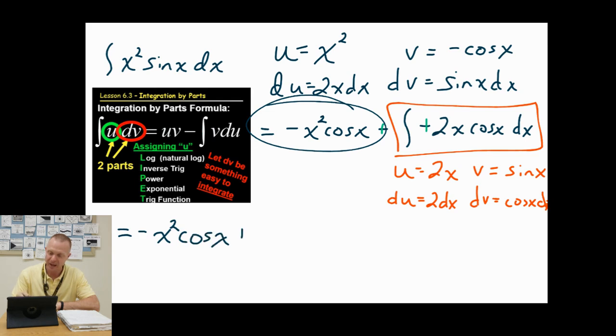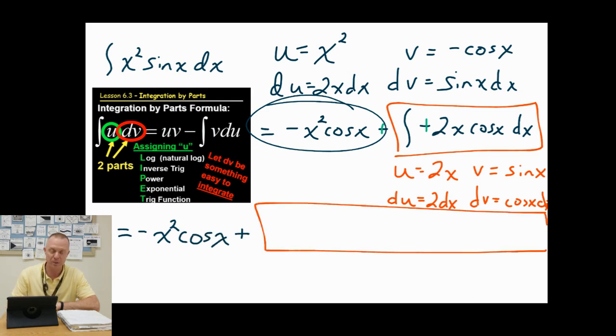But now, kind of a new idea, I actually have to do another uv minus the integral of v du. So I have to do a 2x, that's uv, times sine, minus the integral of v du. Now, v, of course, is sine, but du is 2. Can I put that 2 first? Sure, I can.